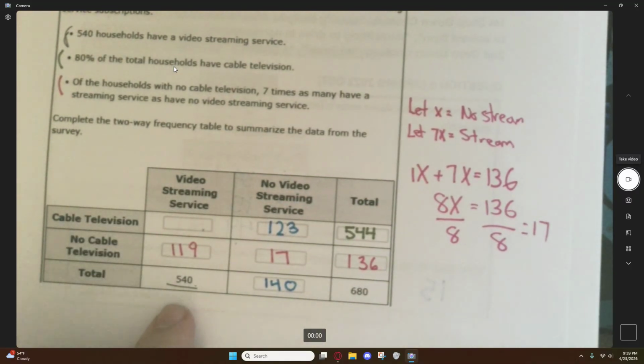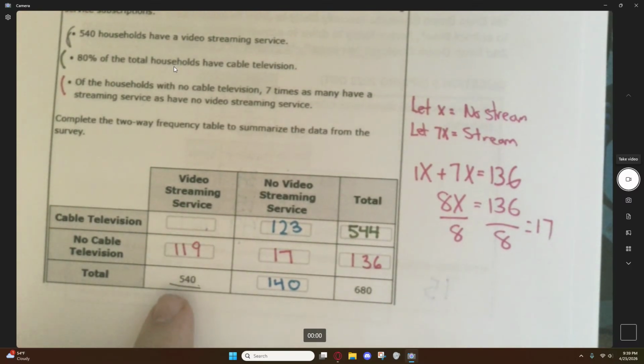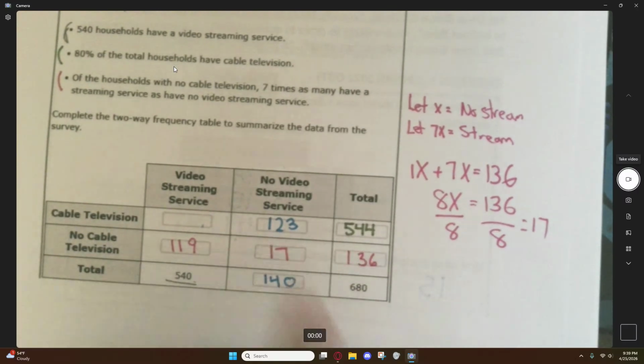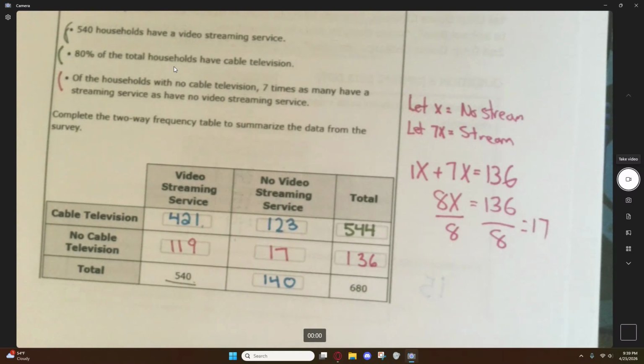And we can now find the total amount of people who have cable television with a video streaming service by either doing 540 minus 119 or 544 minus 123. Let's do 544 minus 123. That would be 421. And that is the final answer.